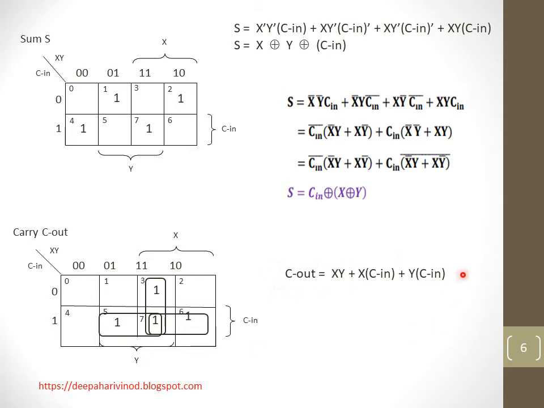So this will be the Cout equation: xy plus x Cin plus y Cin. So either we can get it from here, or in the same way we can derive it from the truth table and then simplify. Once we simplify, we will get a simplified form of the equation.